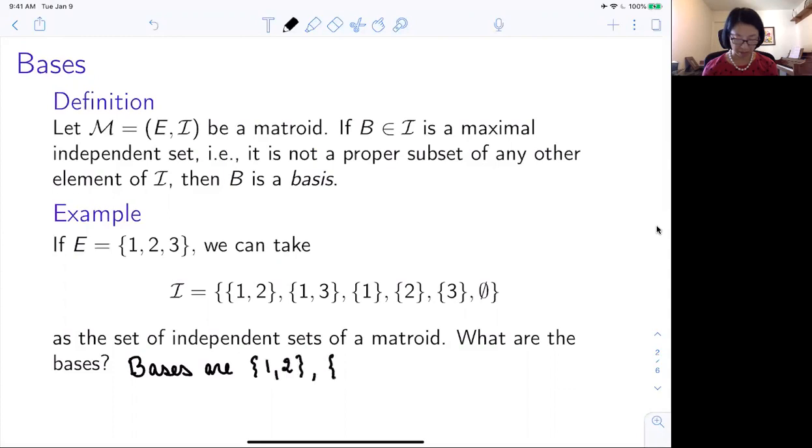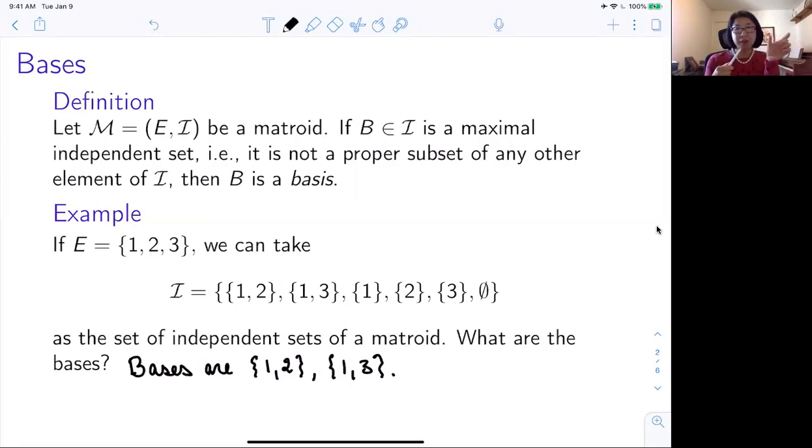and {1, 3}. And notice that if I wanted to tell you about this matroid, instead of telling you all the independent sets, I could opt to just tell you what the bases are. I could say, listen, the ground set is {1, 2, 3}, and my bases are the set {1, 2} and the set {1, 3}.